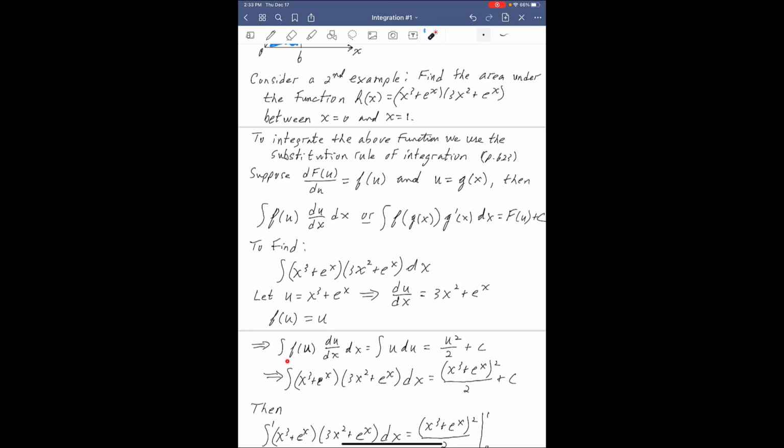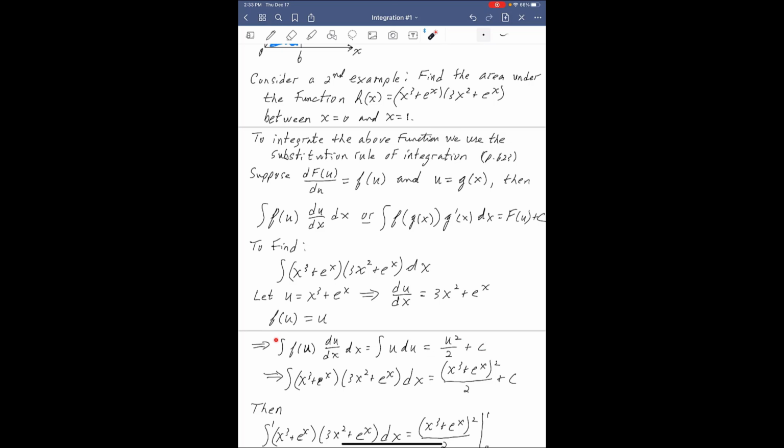So substituting that in, again using this formula, we get f as a function of u times du over dx times dx, which is simply equal to the integral of u du, and that's equal to u squared over 2 plus c.